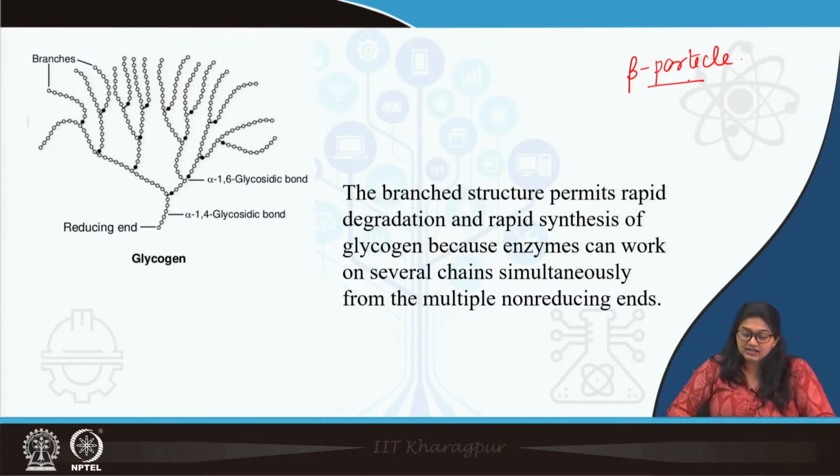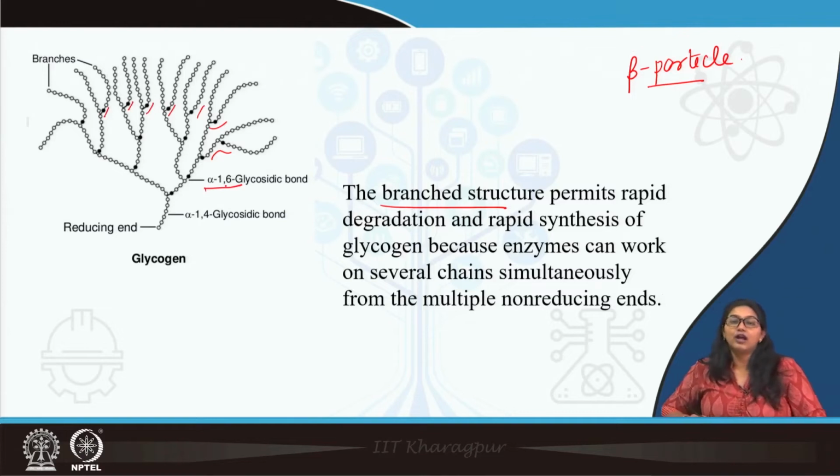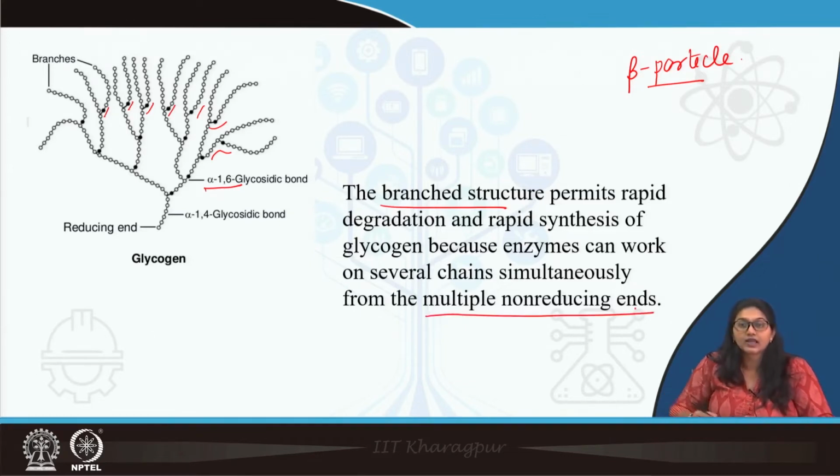Now, as you can see, there is extensive branching, and these branch points are alpha 1,6 glycosidic bonds. This extensive branching creates multiple non-reducing ends, which helps to solubilize the glycogen molecule in the cell.